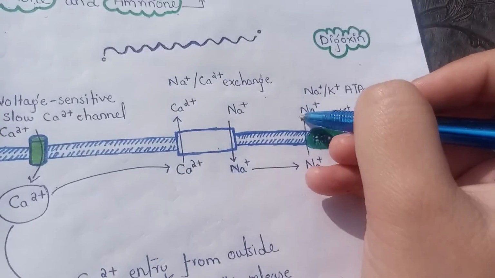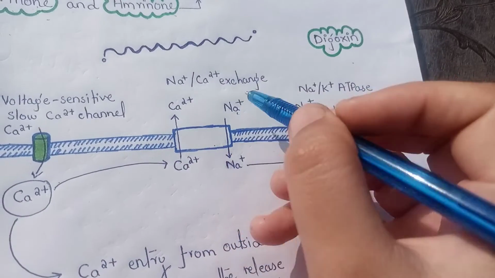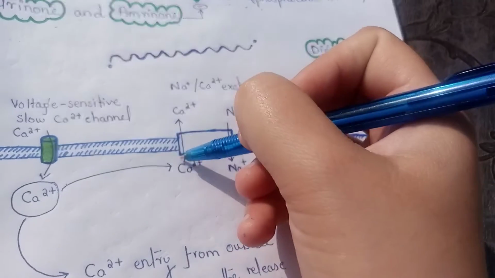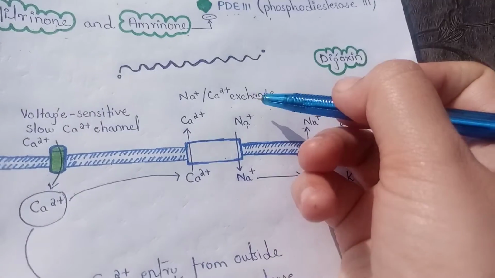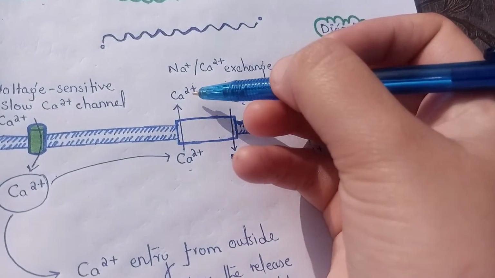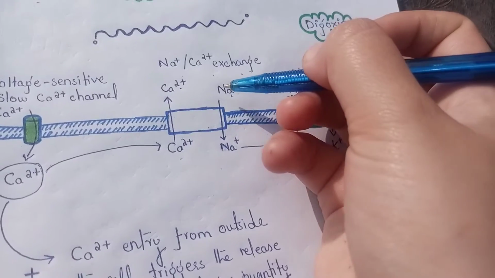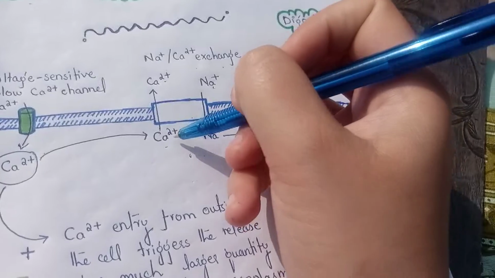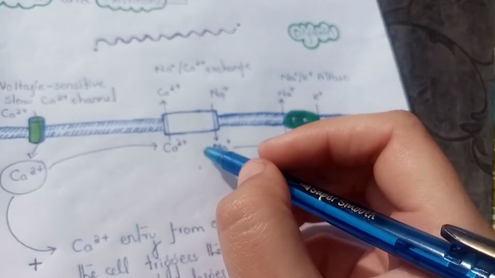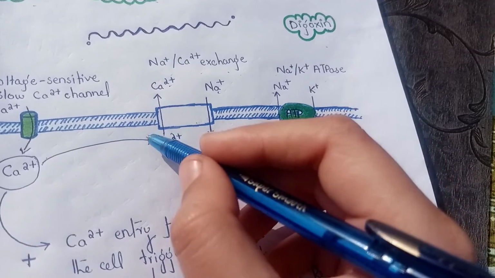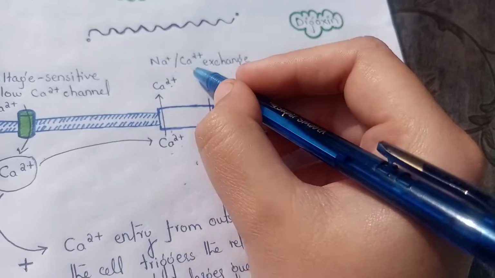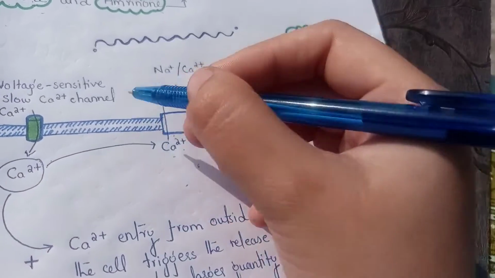Once the sodium concentration outside is increased, it enters again into the cell, and through the sodium calcium exchanger the calcium is moved out of the cell. The sodium enters and the calcium exits. So normally a cell removes its calcium from inside through the sodium calcium exchanger.